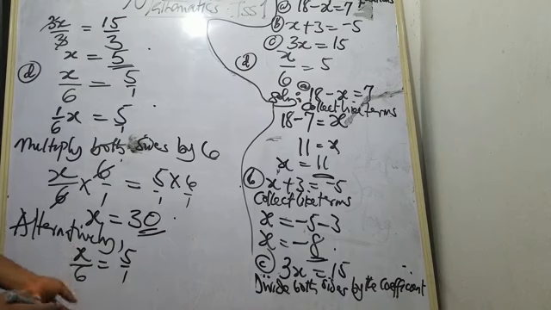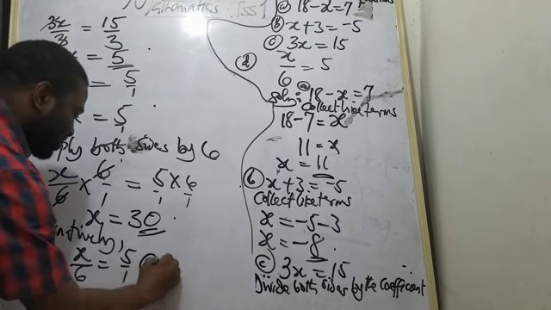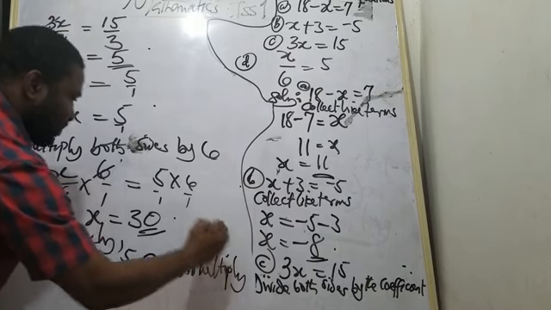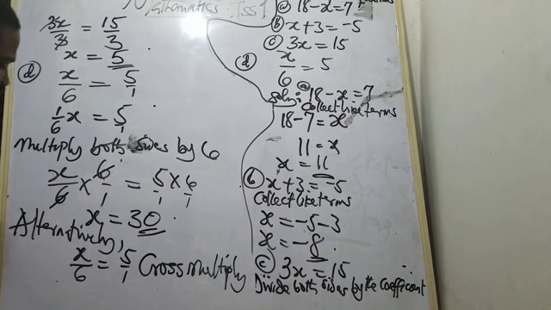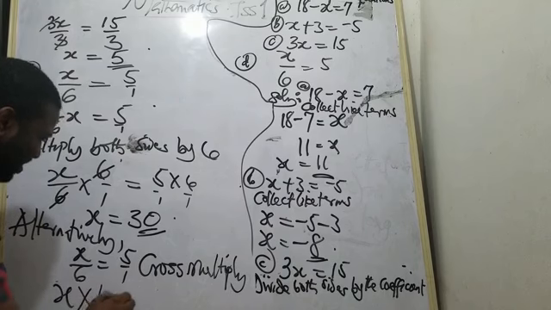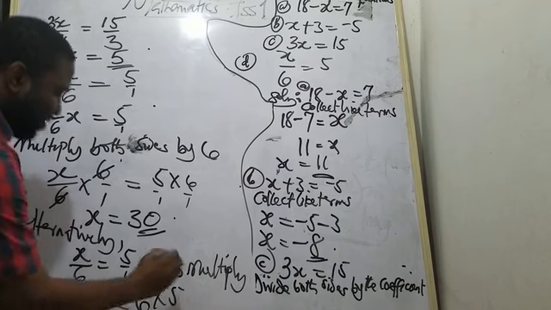You have a fraction here, you have a fraction here. The next thing you need to do is what? To cross multiply. You cross multiply. x times 1 is equal to 6 times 5.